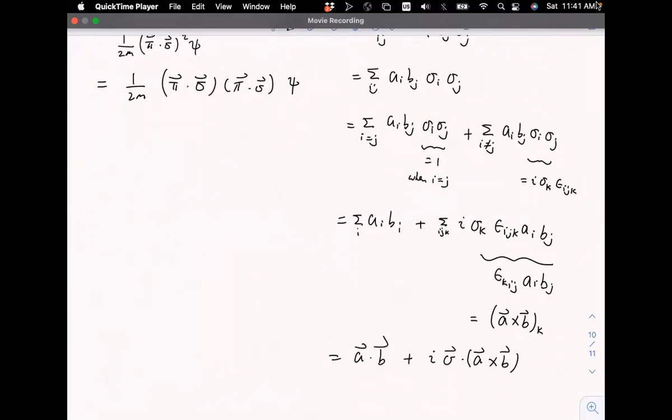We're going to use this result because this is the form that we use. So you're going to have 2m, you're going to have pi squared plus i sigma dot pi cross pi.